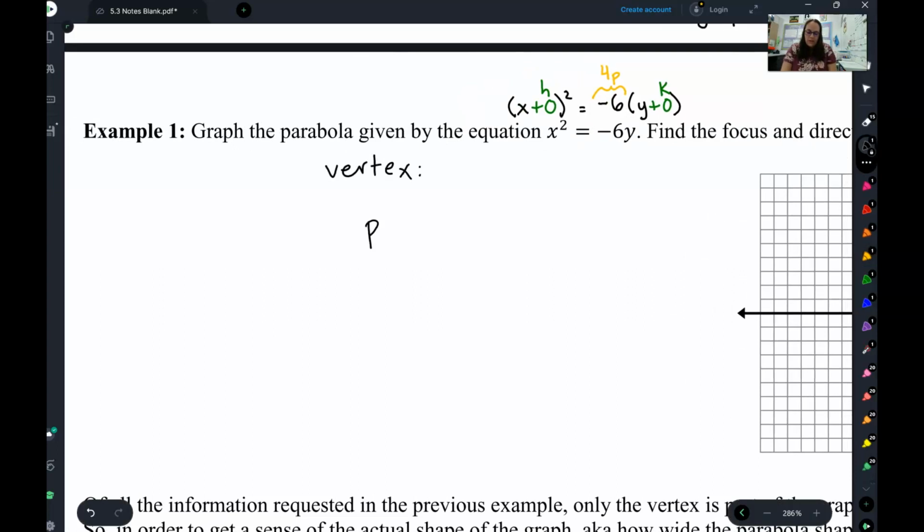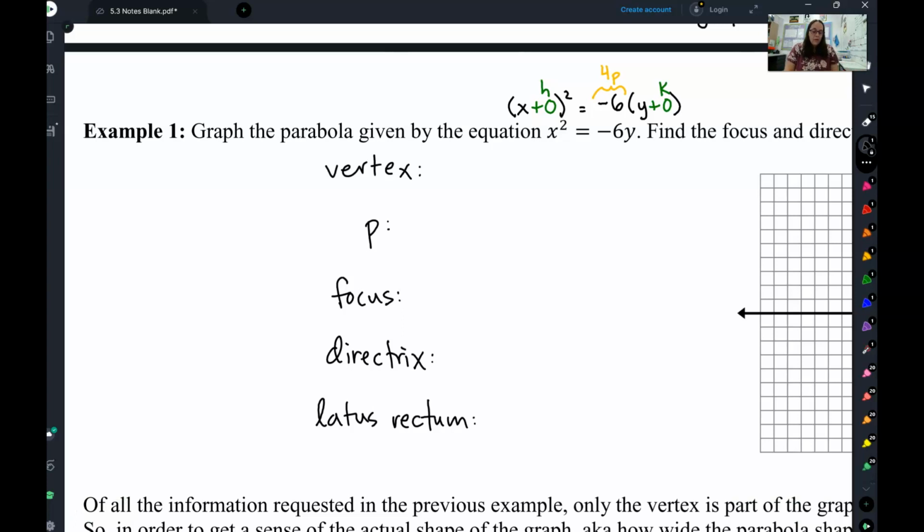So in having written it out like that, let's come back here and start to label everything we need. We need to know the vertex. We need to know p. We need to know the focus. We need to know the directrix. And we need to know the latus rectum. Now, a couple of those we know already. The vertex we know is going to be at 0, 0, h, k.